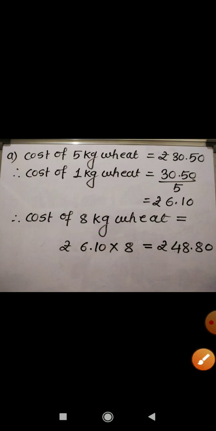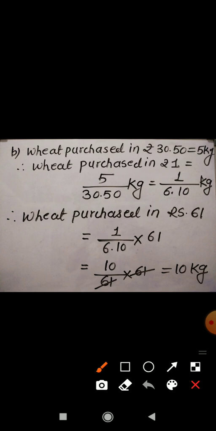Now in the second part, we are asked to find out what quantity of wheat can be purchased in 61 rupees. Here again, we need to apply the unitary method. So for that, first we have to find out the quantity of wheat purchased in 1 rupee.